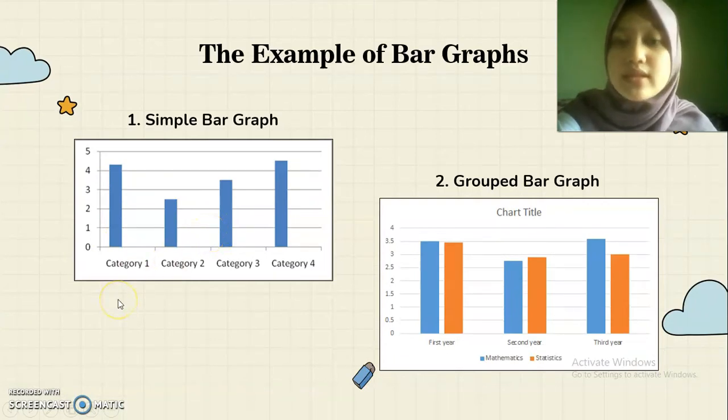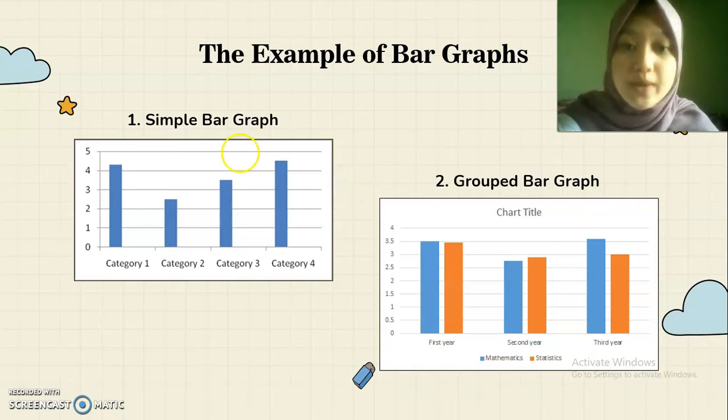The first is the simple bar graph, and the second is the group bar graph. For the simple bar graph, as its name suggests, this is the simplest bar graph. It is used to describe the continuous variables along with one discrete value.